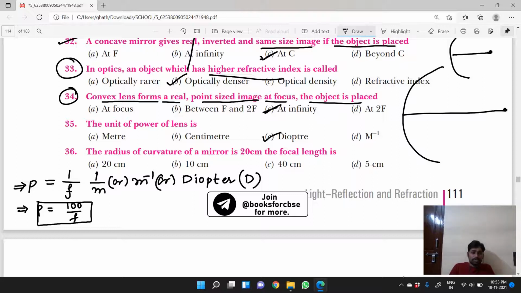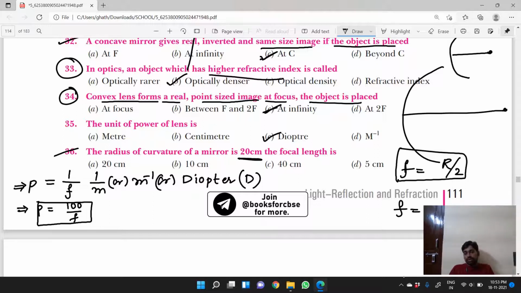Next question, 36th. The radius of curvature of a mirror is 20 centimeters. So focal length is equal to radius of curvature by 2. This is a relation for spherical mirrors. As the radius of curvature is given as 20, focal length is 20 by 2, which is 10 centimeters.